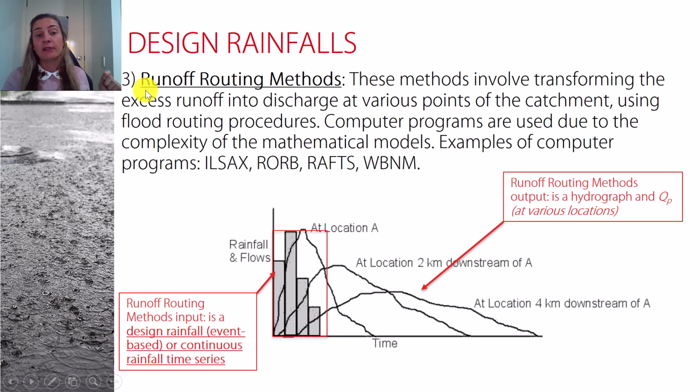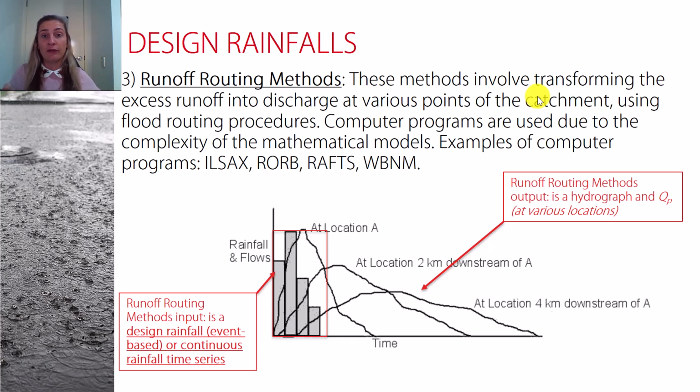Another method to find hydrographs for use in our urban engineering design projects as design flood is the runoff routing methods, or rainfall runoff routing methods. These methods involve transforming the runoff into discharge at various points of the catchment, not only at the outlet, and they use flood routing procedures to find hydrographs at these different points of the catchment.